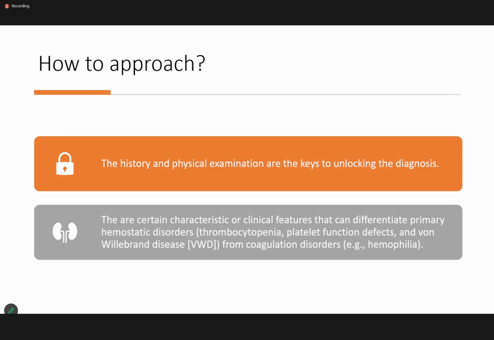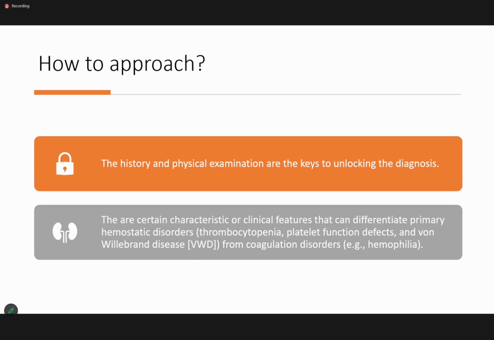Certain types of patients have certain characteristic clinical features that can differentiate whether this is due to primary von Willebrand disease, a primary hemostatic disorder, or a secondary hemostatic problem, which is a coagulation disorder.